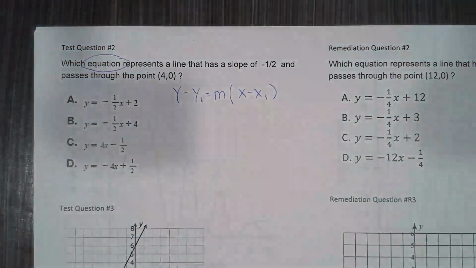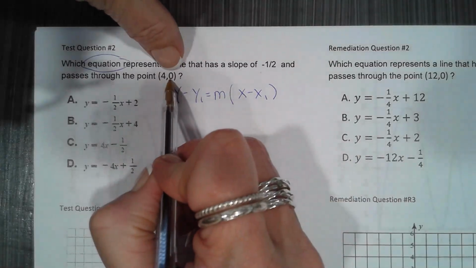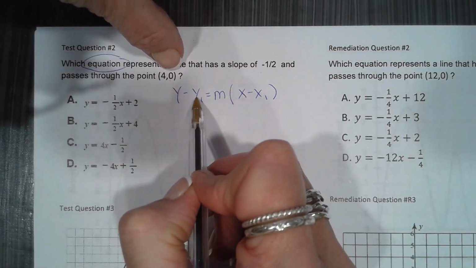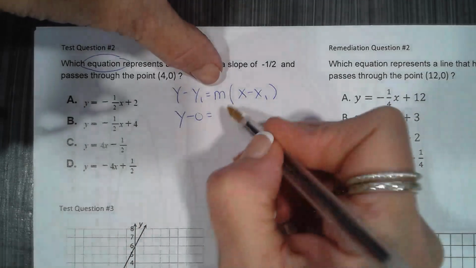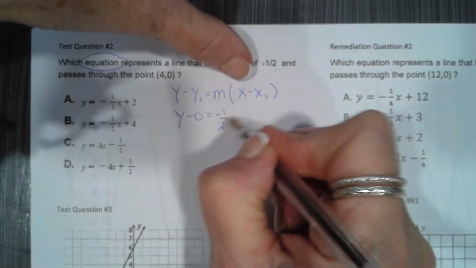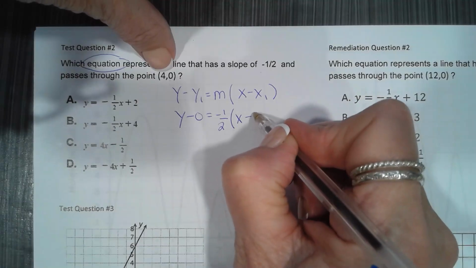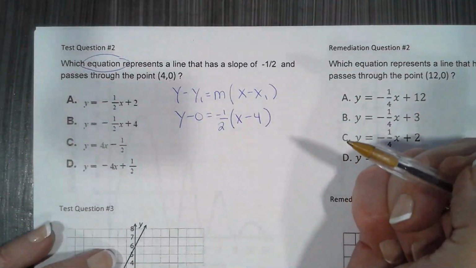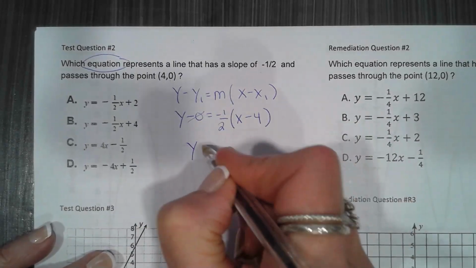All right. So remember, second part of the ordered pair is the y. It's going to go there. So it's going to be y minus 0. My slope is -1/2. And then we've got x, and we want the opposite of the 4, so it'd be -4. Okay. Good news is -0 has no meaning, so this is just y equals.